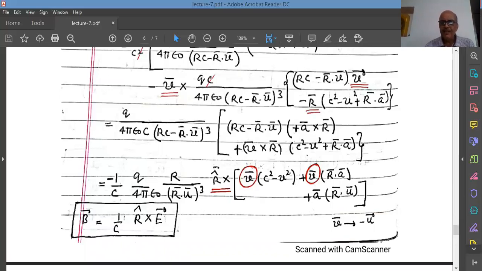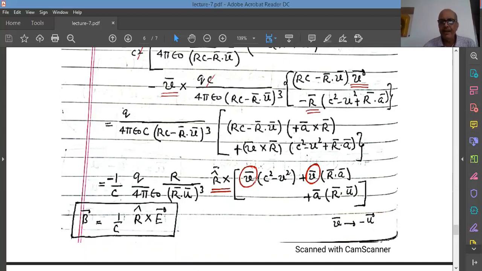The purpose of v here and u here: if you replace this v to be equal to minus u, that will not make any change, because it is the cross product with r. What is u? u is c r cap minus v. So c r cap minus v, that is the value of u.